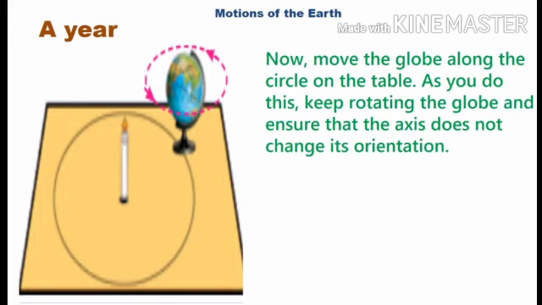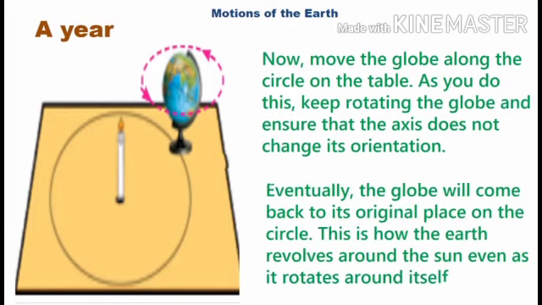The globe is sturdy. So you have to move the globe on the circle slowly, and while it is moving on the circle, see that it is also rotating around its axis. Eventually, the globe will come back to its original place on the circle.